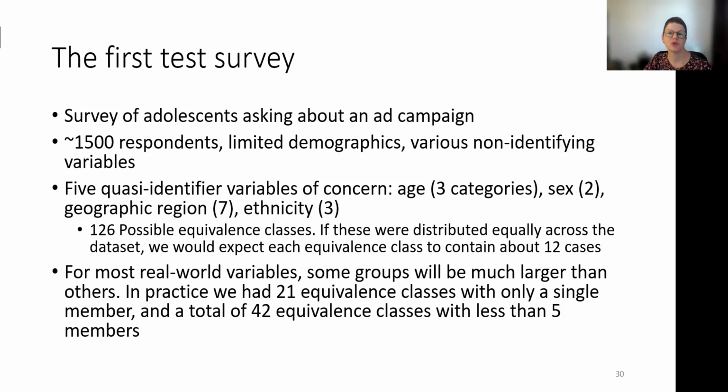So if you belong to a less common ethnic group and you're in a less populated region, then you're going to be more identifiable than someone from a common ethnic group in a highly populated region. So in practice, we had 21 equivalence classes with only 1 member. Out of those 126 possible groups, we had 21 people who were unique in this sample.